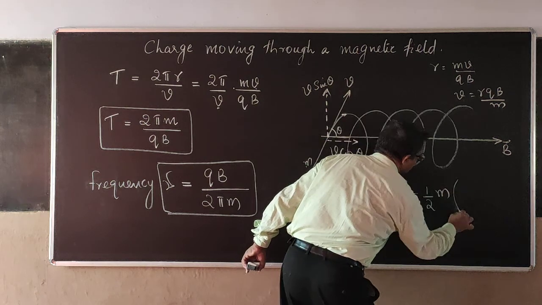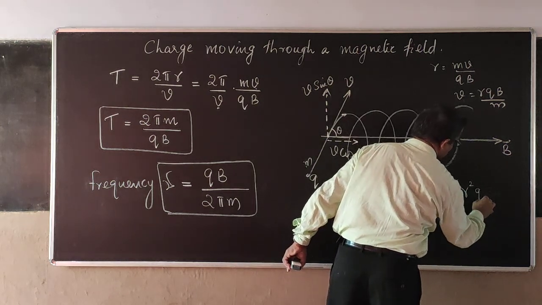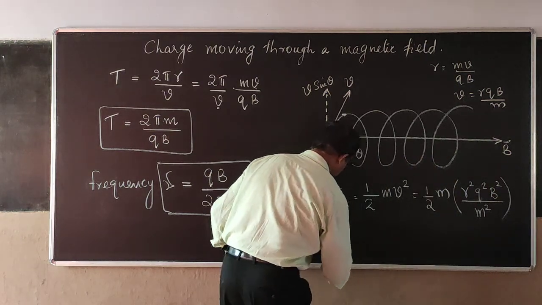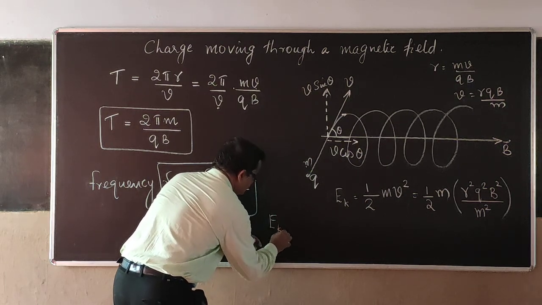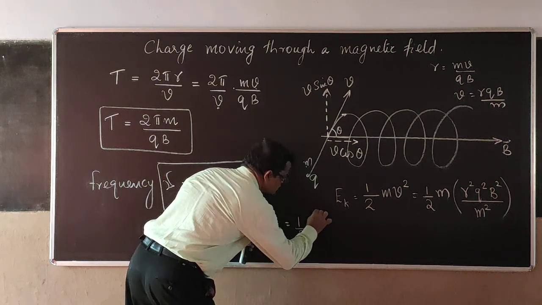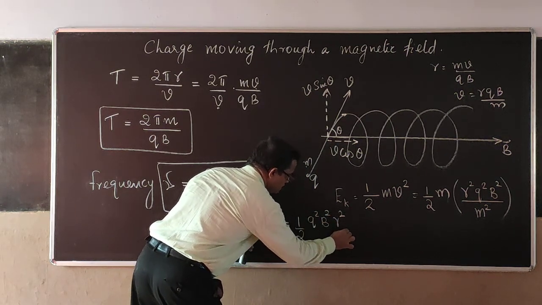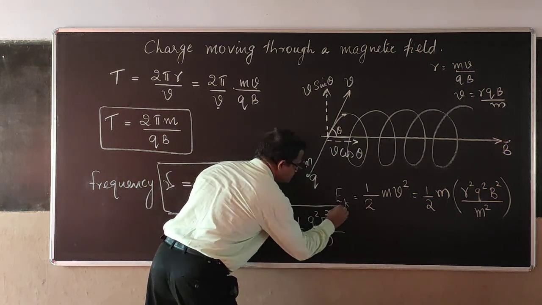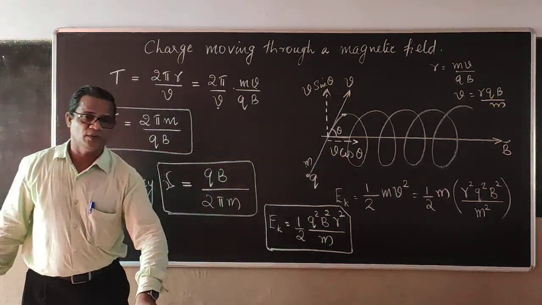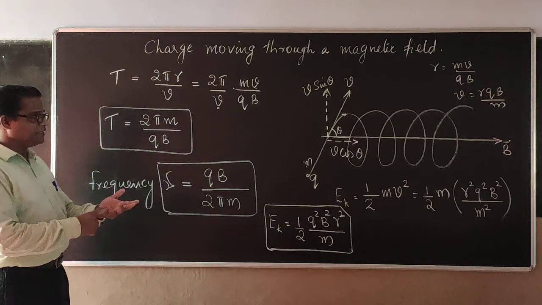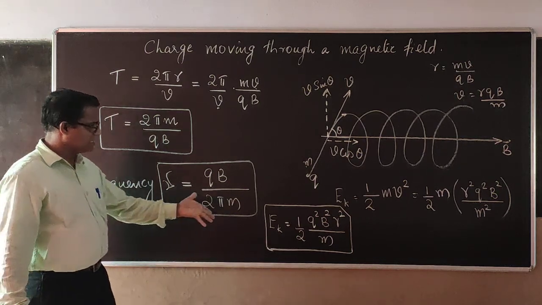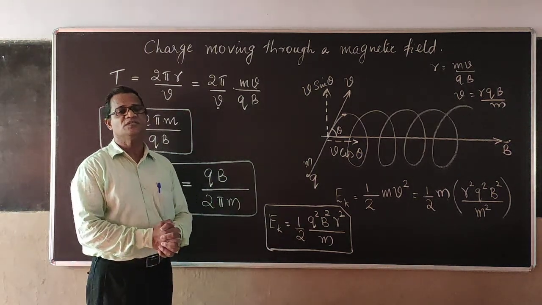This you can substitute over here as r square q square B square divided by m square, and therefore kinetic energy Ek will be equal to half into q square B square r square divided by m. This is also something you have to remember. So: equation for radius, equation for time period, equation for frequency, and last one, equation for kinetic energy of the charged particle.